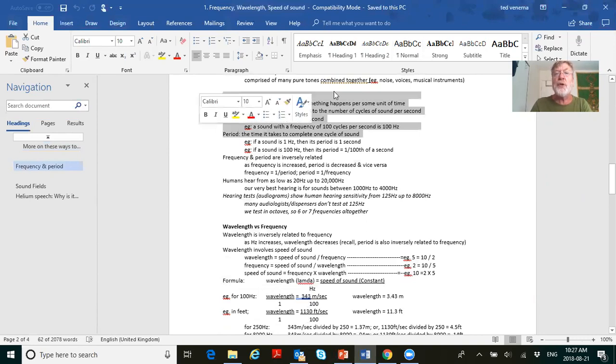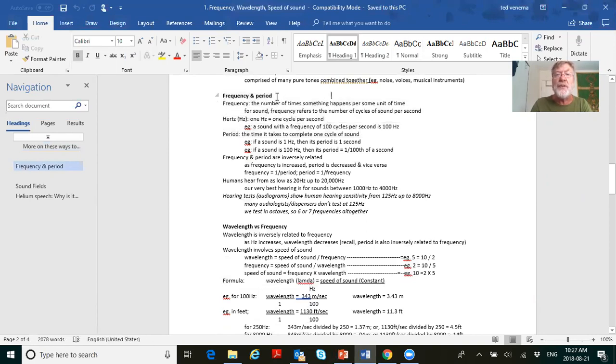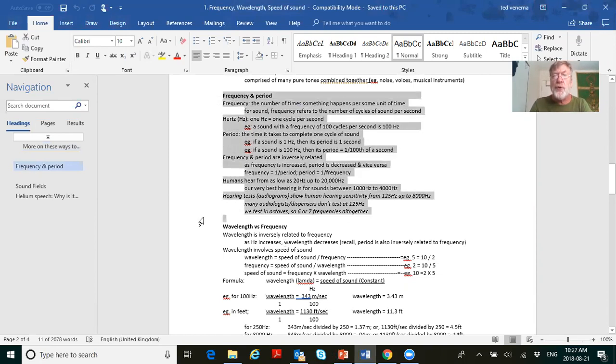And right after the word period, please put the time it took to complete one cycle. Period: the time, and point at your watch, the time it takes to complete one cycle. And wavelength is the physical length of the wave. So we'll be covering those two things big time next week.